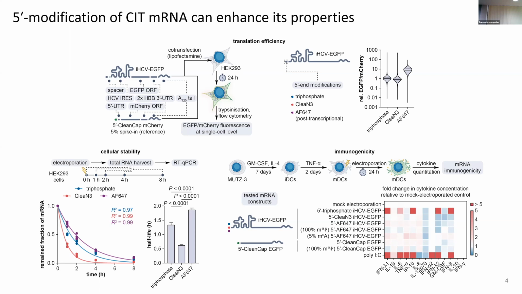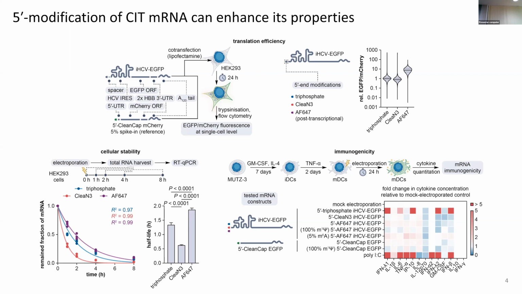Another element contributing to the translation of the mRNA is its immunogenicity, actually. So 5' triphosphate mRNAs frequently occur in viruses, and they're recognized by the cell as viral RNAs and trigger an immune response. This is through the RIG-I receptor.